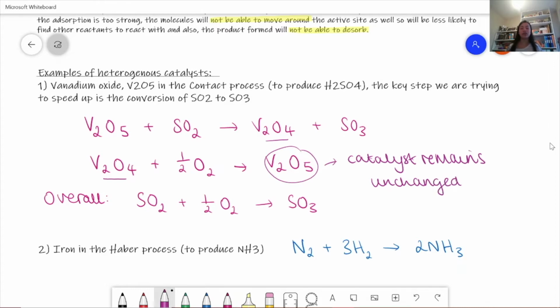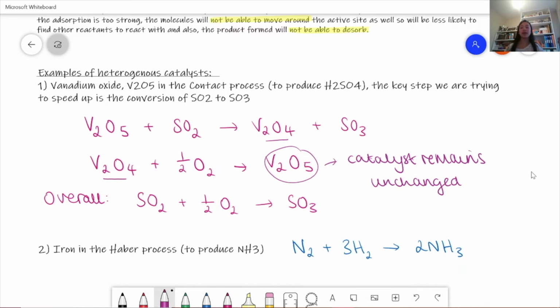And the overall equation we get is that sulfur dioxide combines with half a molecule of oxygen to form sulfur trioxide. It's really, really important that you remember all these equations, this for step 1 and step 2, and also the overall, because they quite regularly ask you.